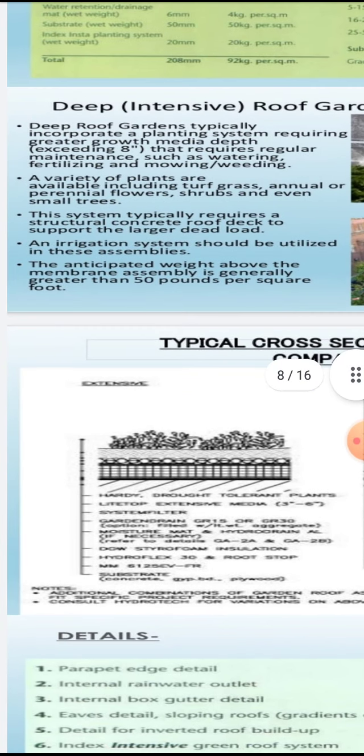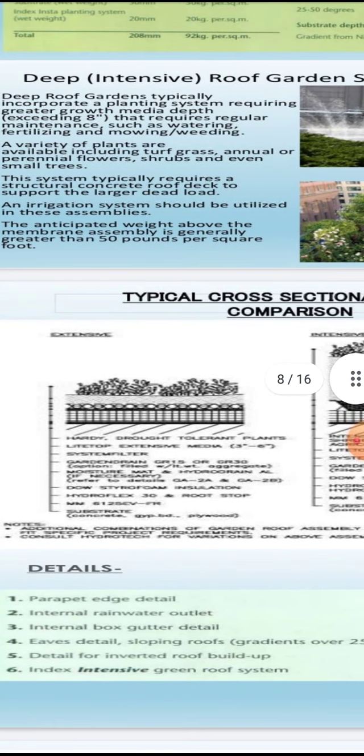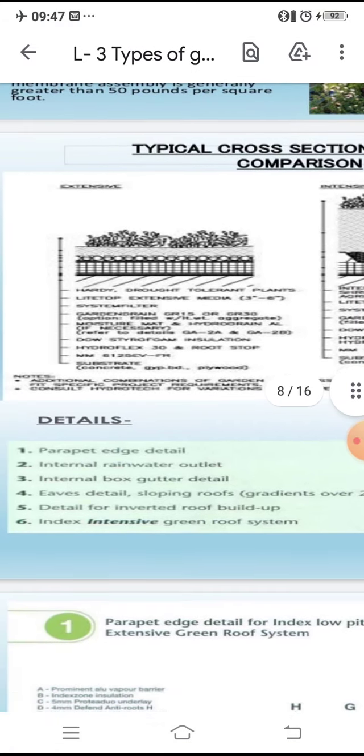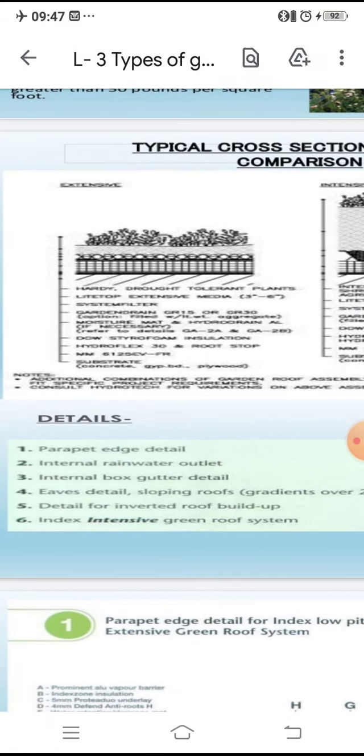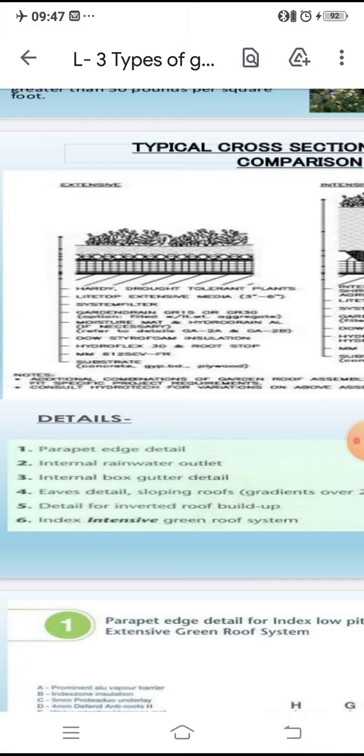Typically it requires irrigation, and the weight of the plant matters. Another major part, as we are observing here, we will observe in the landscape: a typical cross-sectional detail comparison. It gives the idea of how the plantation is done and how the soil system is.